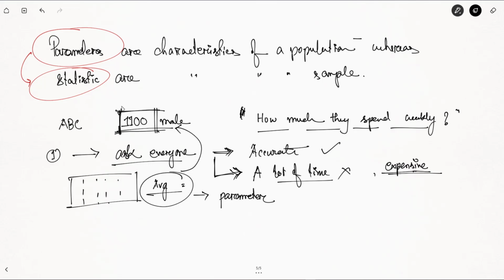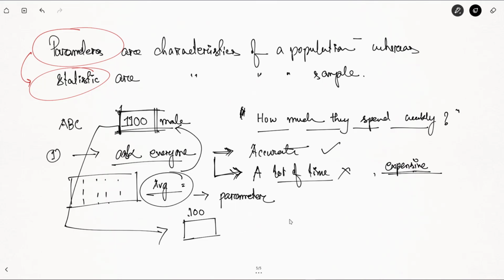Now since we cannot ask the entire 1100 male students, we will take a sample from them. Let's say 100 male students. Now it is possible to question 100 students about how much they spend on a weekly basis.